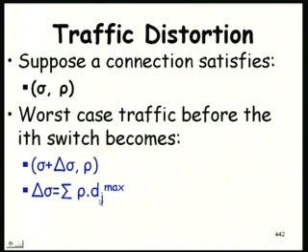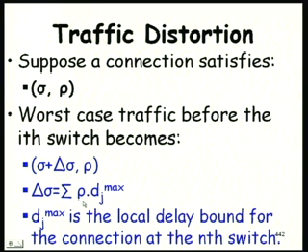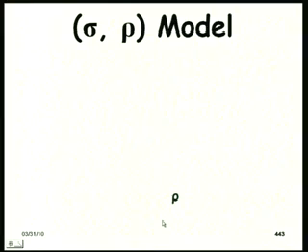Here dj max is the delay bound for the jth switch.